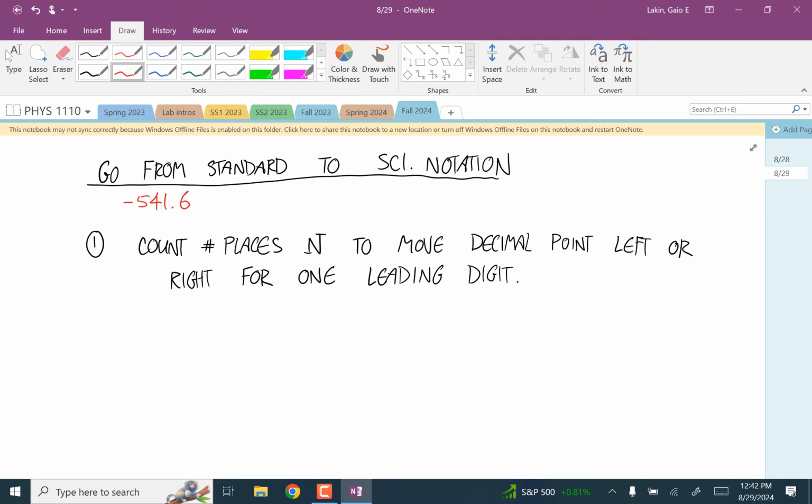In this example, we'd have to move the decimal point 2 places to the left. So N would be equal to 2, and we're moving it to the left.